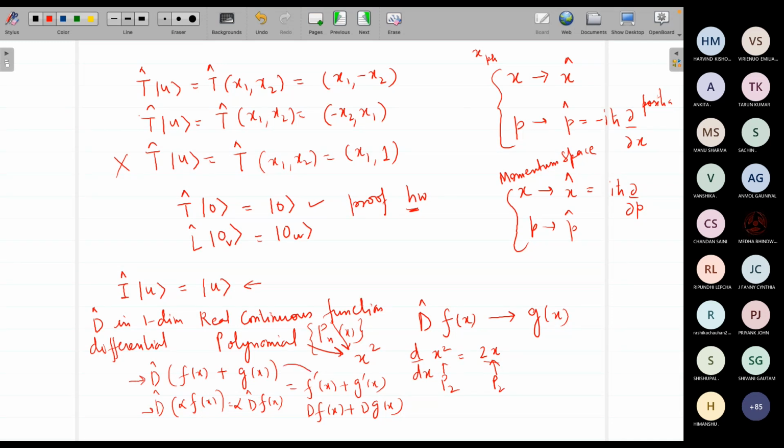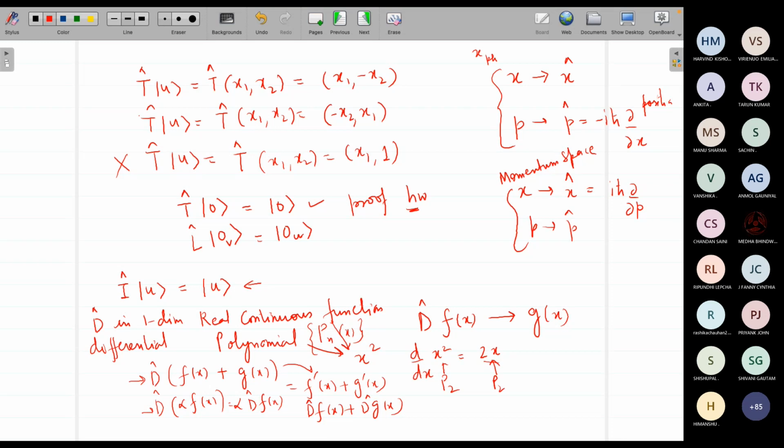Additivity is what I showed: you can always write the derivative of the sum of polynomials as D f(x) plus D g(x). And D of alpha f(x) can always be written as alpha times D of f(x), because alpha is independent of the differential operator d/dx.